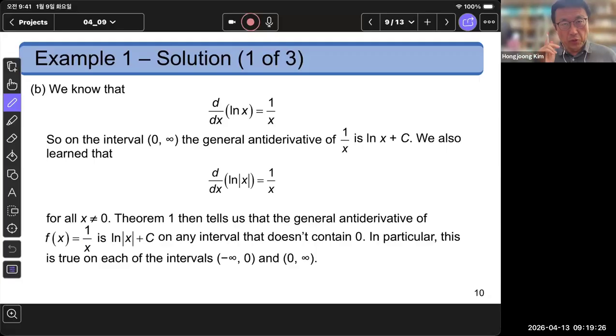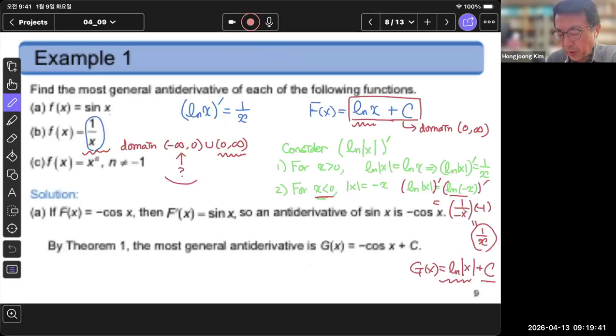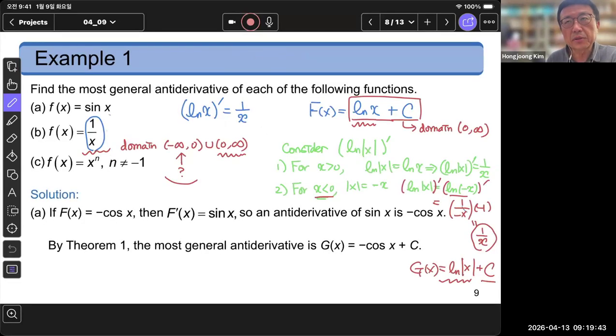Now, one comment. As I said, I need to add c for the general antiderivatives. So let me go back to my expression.